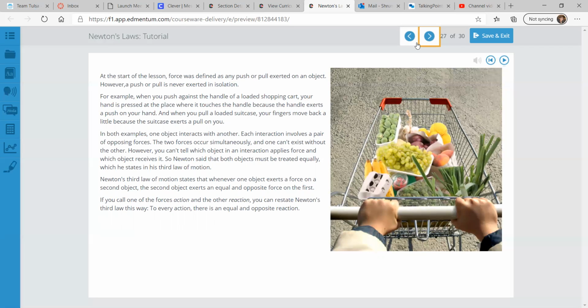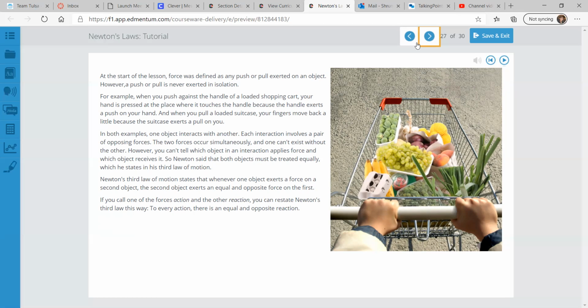For example, when you push against the handle of a loaded shopping cart, your hand is pressed at the place where it touches the handle because the handle exerts a push on your hand. And when you pull a loaded suitcase, your fingers move back a little because the suitcase exerts a pull on you. In both examples, one object interacts with another.